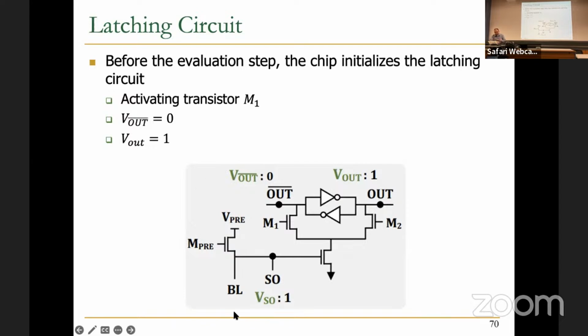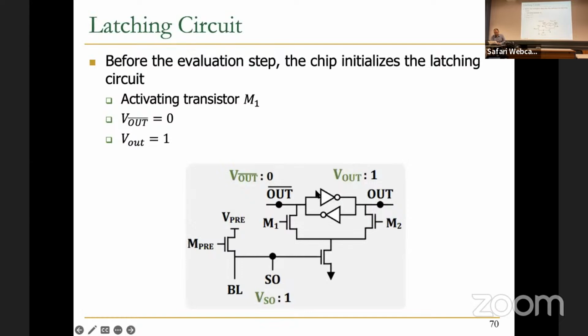So you can see this simplified version of it. This is your bit line. We haven't shown the NAND string anymore here. So we have a bit line, and this is a pre-charge voltage, and this is transistor pre. Here is also that capacitor that you charge in the pre-charge mode. And this is essentially your sensing circuitry.